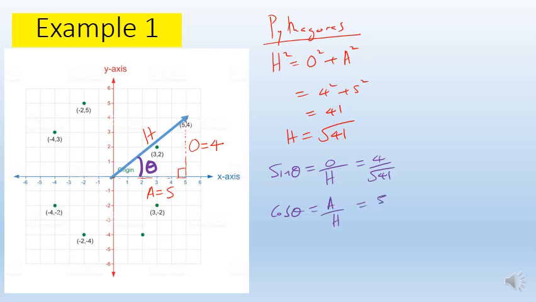The adjacent side is 5, the hypotenuse root 41. And tan theta is opposite over adjacent, so 4 over 5. It's very, very simple to understand.